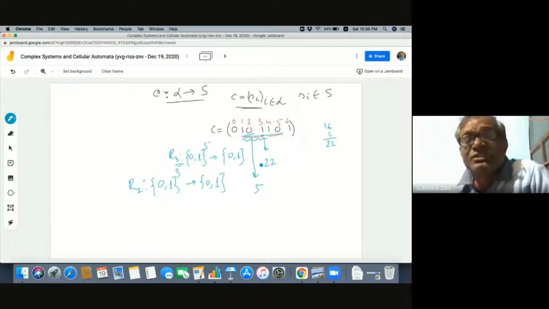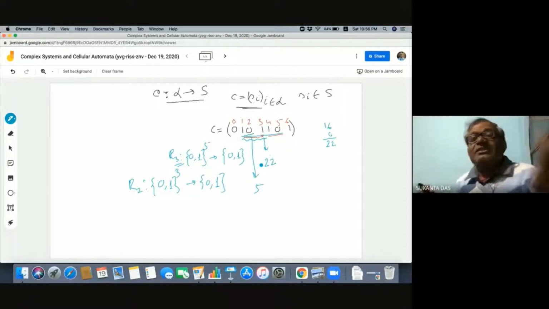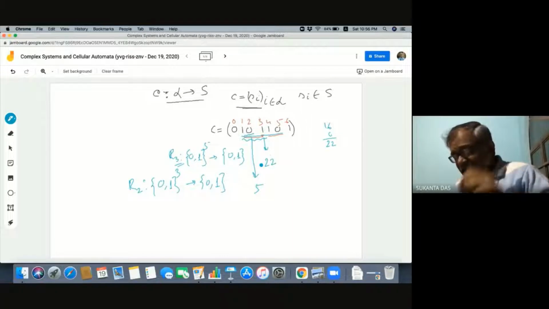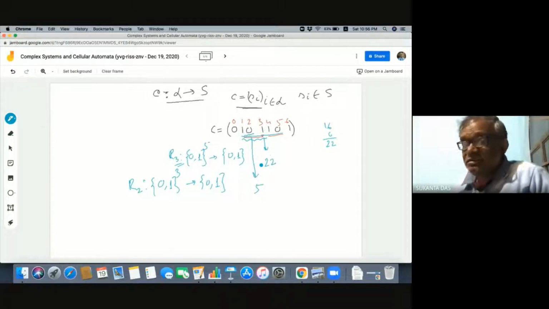Now let us find it out. Suppose for simplicity, all other rules except R3 have 3 neighbor dependency. I mean, a cell depends on its left neighbor and right neighbor, and the CA is using null boundary condition, right?